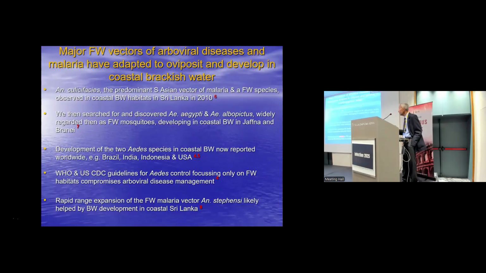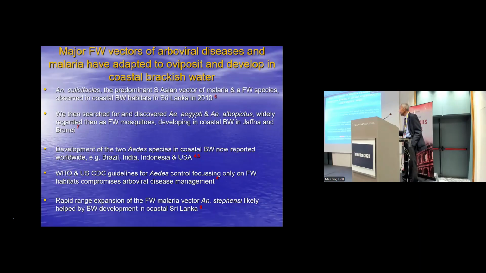Naturally, it was a swampy area of a small lagoon. We then deliberately searched for and discovered Aedes aegypti and albopictus, also regarded as freshwater mosquitoes, developing in coastal brackish water in Jaffna. We also showed that they developed in Brunei, on the island of Borneo, in coastal areas.